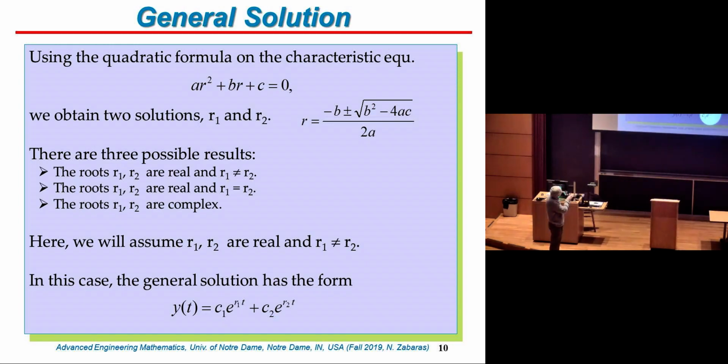And by the way, I remind you that I am looking at the homogeneous equation, so there is nothing on the right-hand side. So basically, this is what we call the null solution. And of course, these two exponentials can either grow with time or decay, depending on whether R1 and R2 are positive or negative numbers.